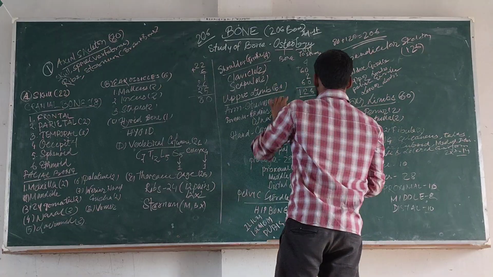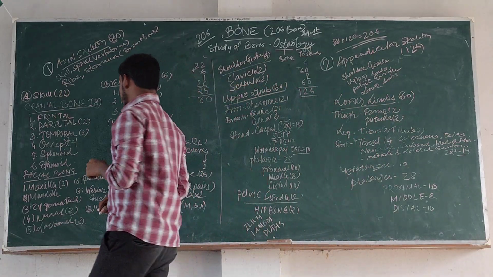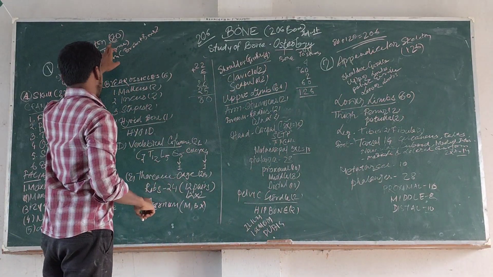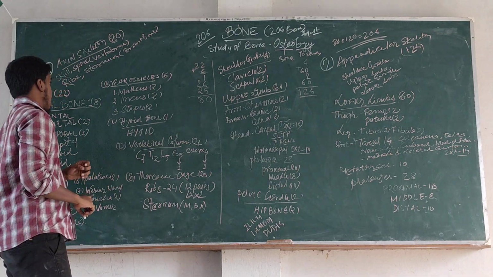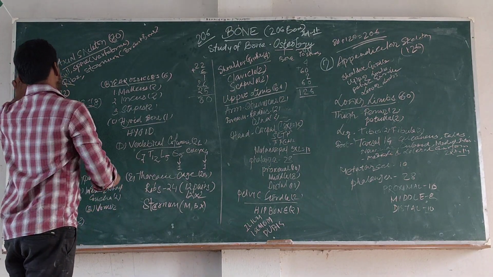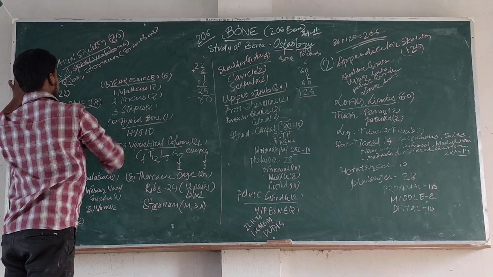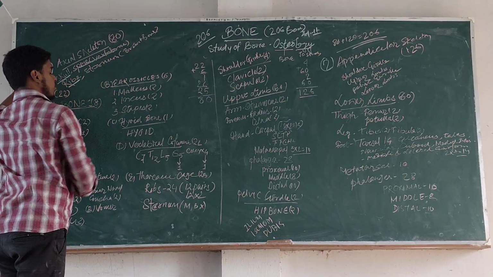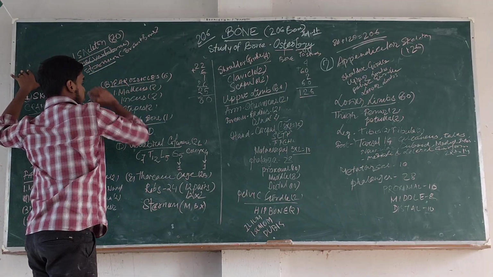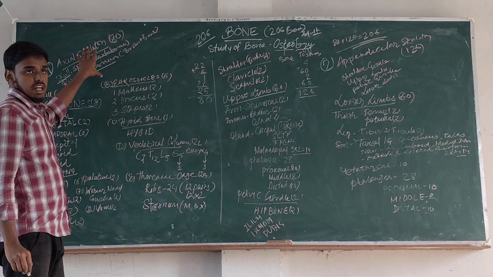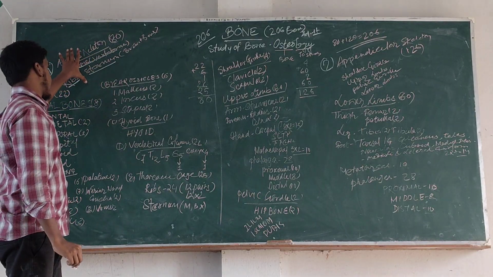appendicular skeleton. Now in case of axial skeleton, there are 80 bones. And axial skeleton includes the skull bone, the spine or vertebra, the ribs, sternum or breastbone. These bones come under the axial skeleton.